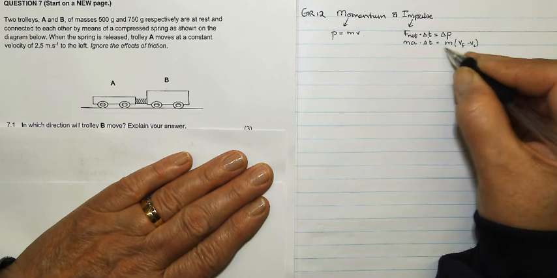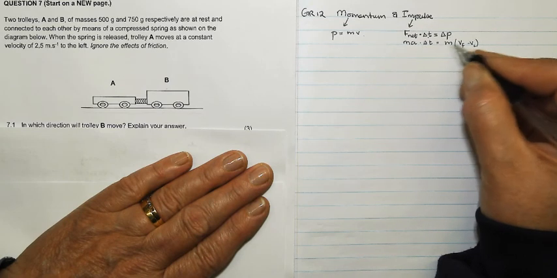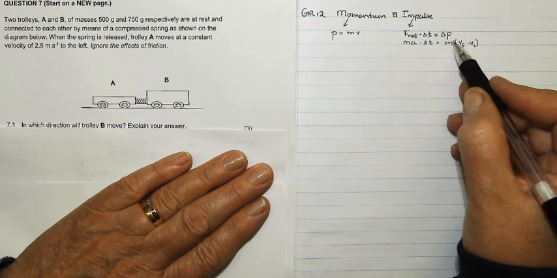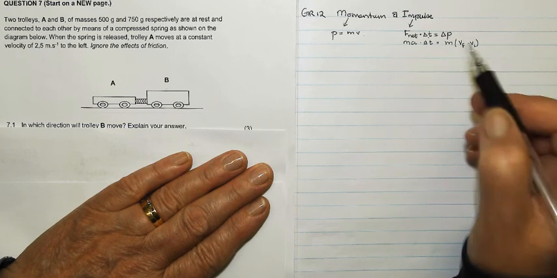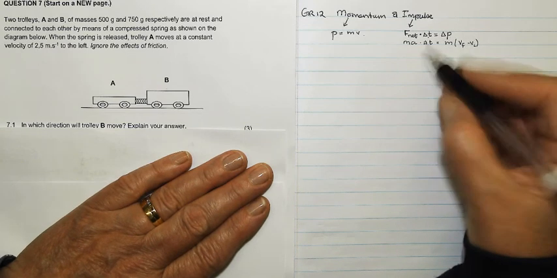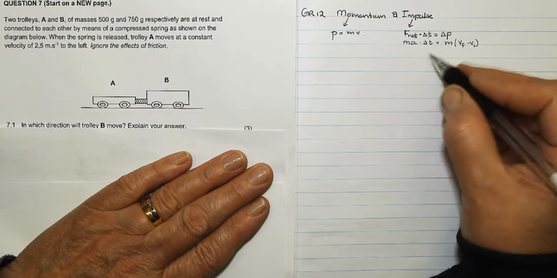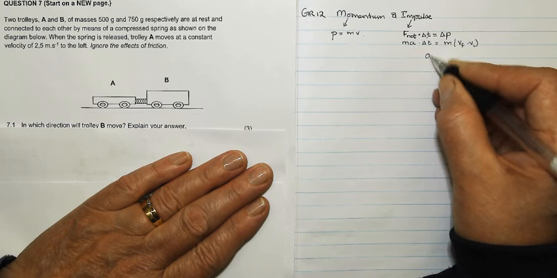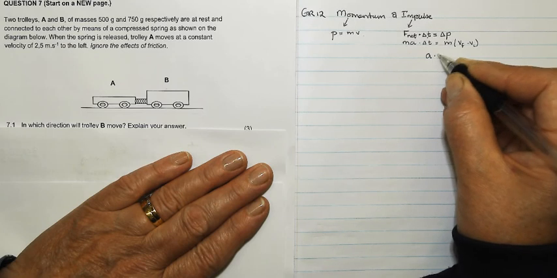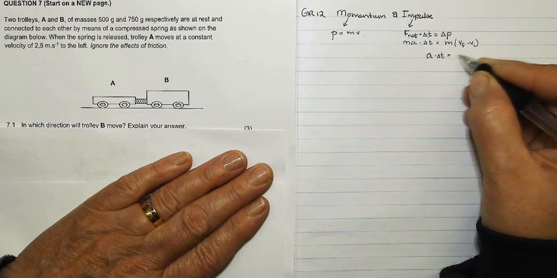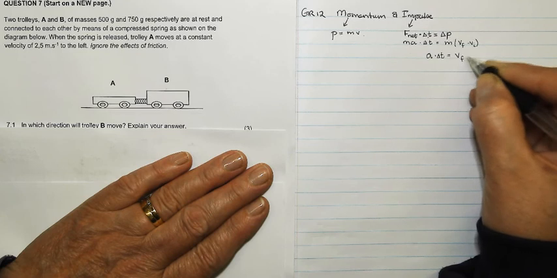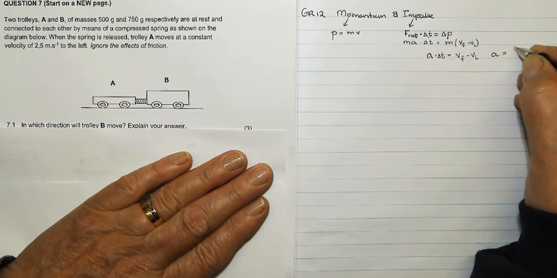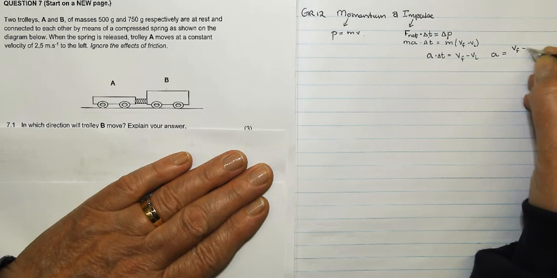So an acceleration means that there is a change in velocity, and the mass is a common factor there, just to show you that the acceleration times the time of the collision equals the change in velocity, where acceleration is by definition the rate of change in velocity.